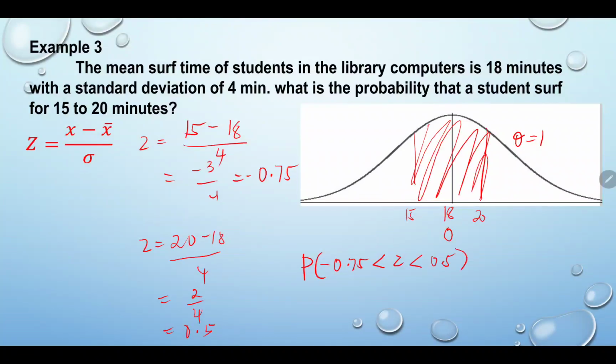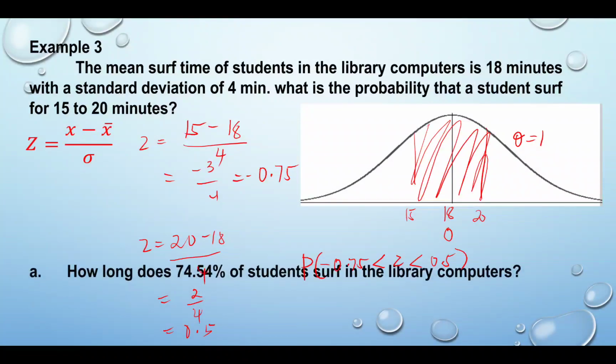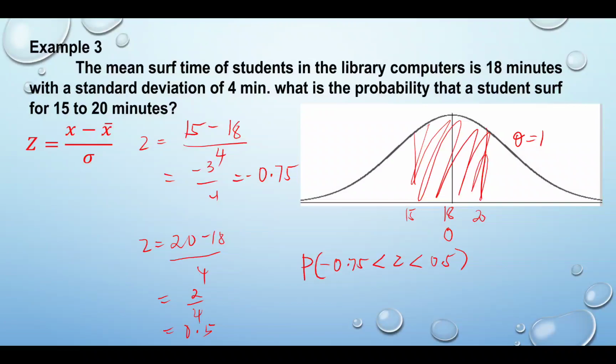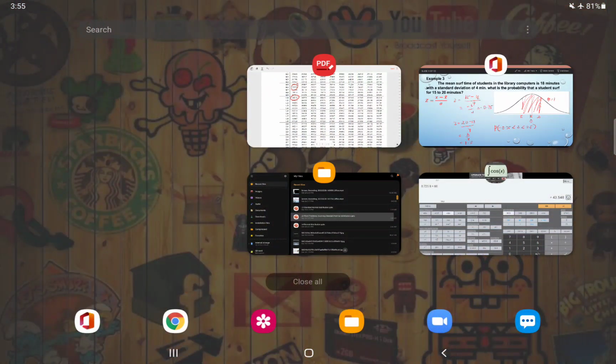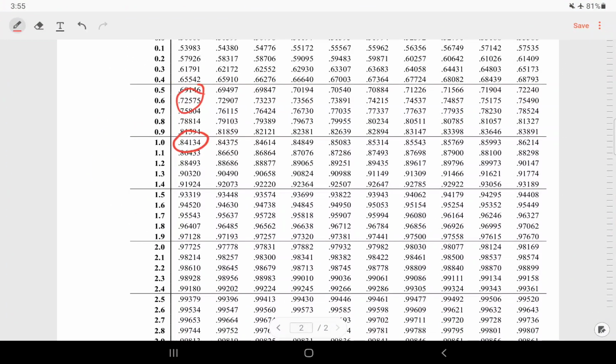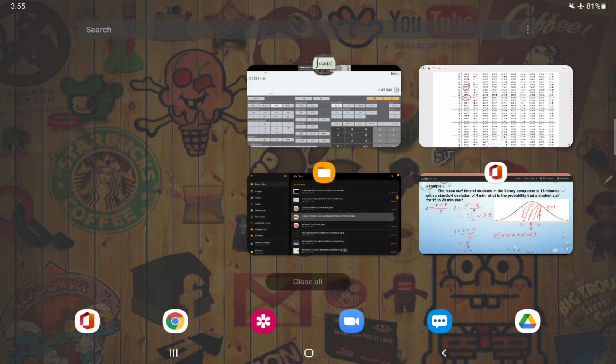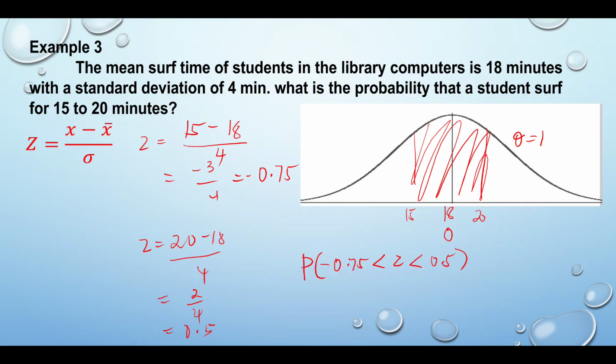So, as we said, we will just subtract. So let's get the 0.5 first. Positive 0.5. So that is 6915. Minus, the other one is negative 0.75.